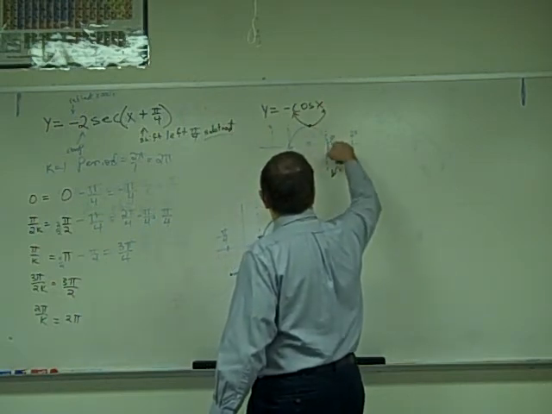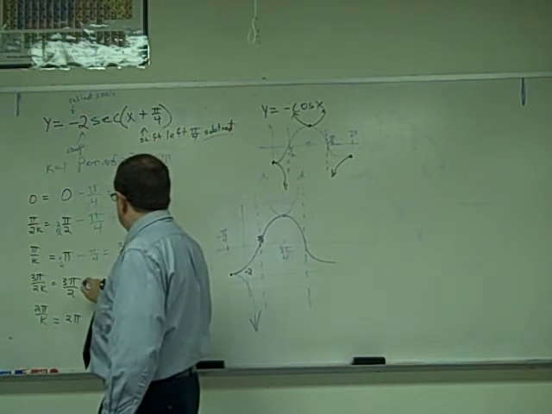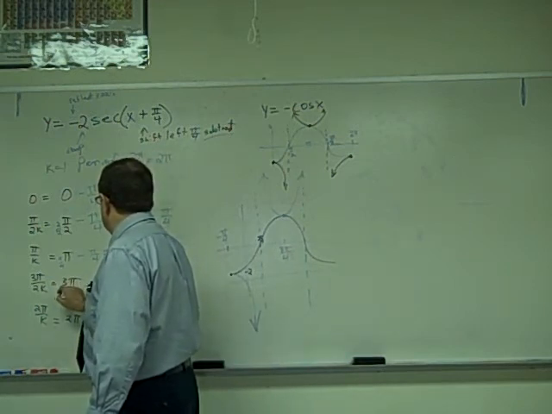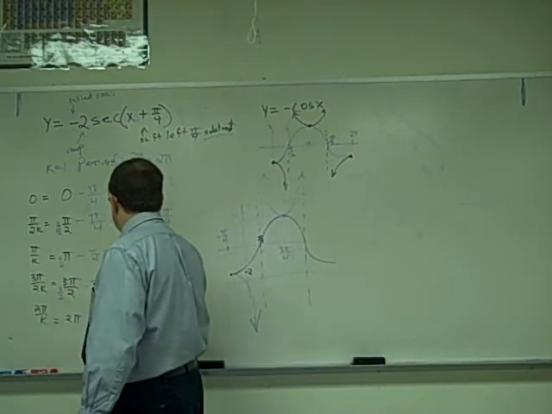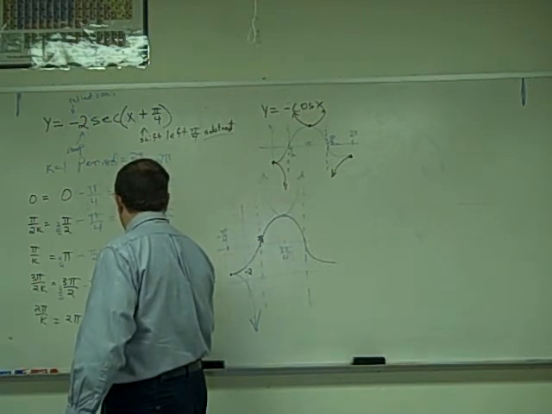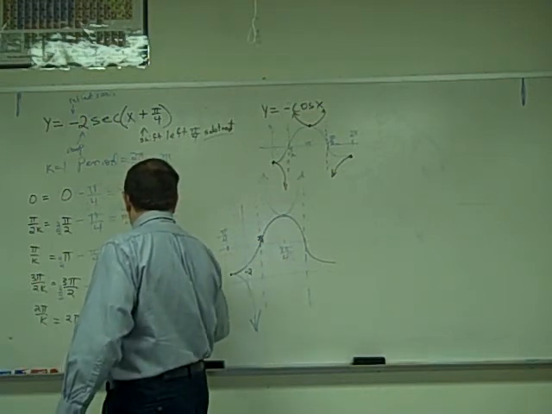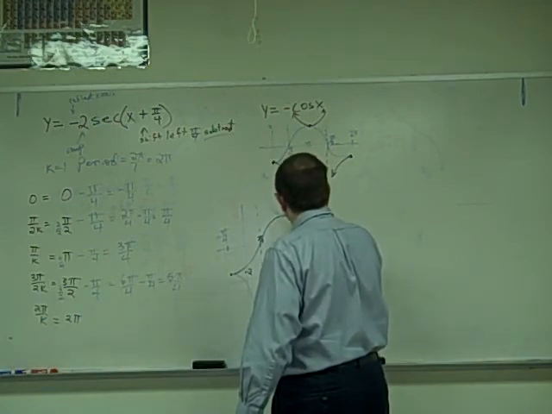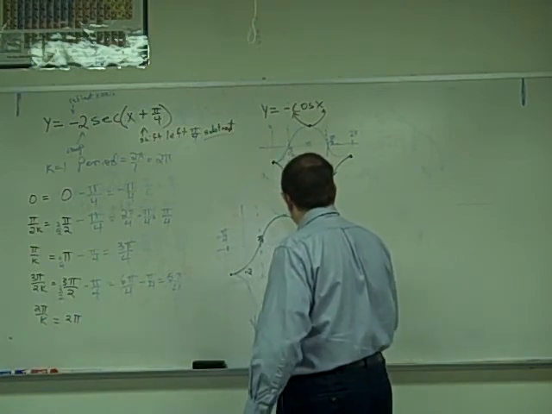And now instead of coming back down here at 3 pi over 2, we've got to subtract pi over 4 from that, right? So we need a common denominator. So that'll be 2 times 3 is 6 pi over 4 minus, yeah. Alright, good. 5 pi over 4. Okay, so our other asymptote is here at 5 pi over 4.